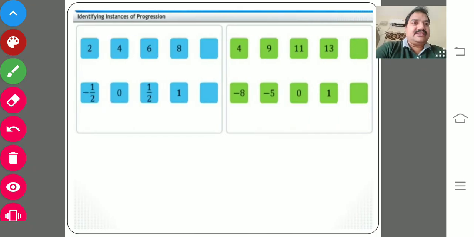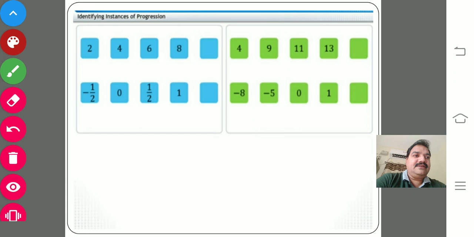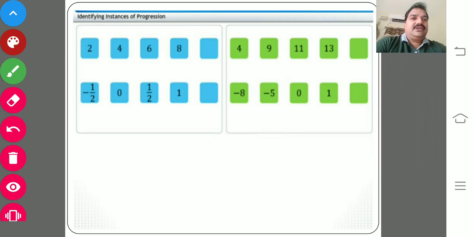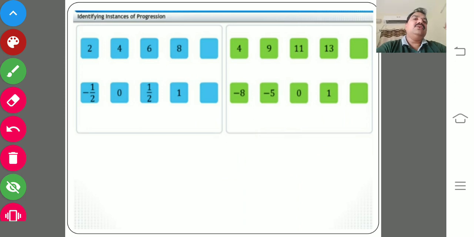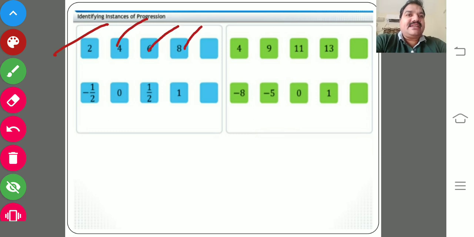Yes. So this is very, very important, children. So here I have given some blue boxes as well as green boxes. In the blue boxes, go with the first problem. The first problem is what? 2, 4, 6, 8.